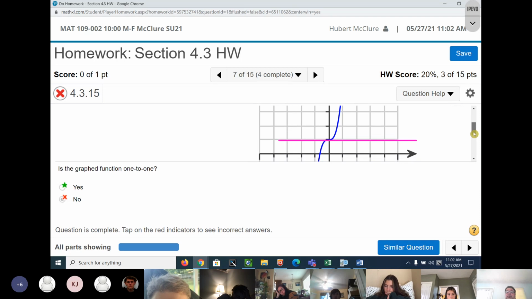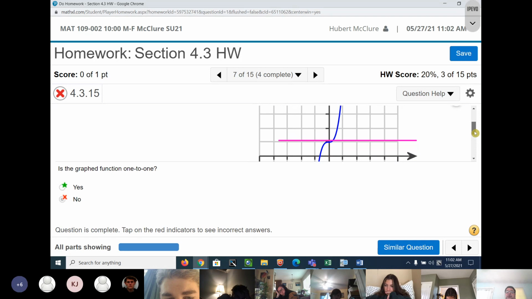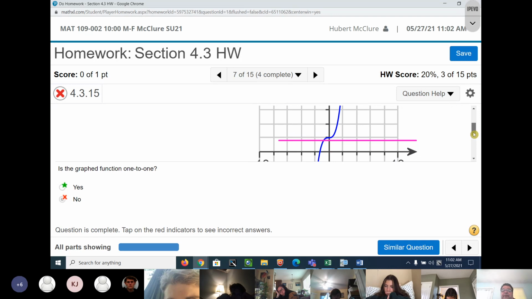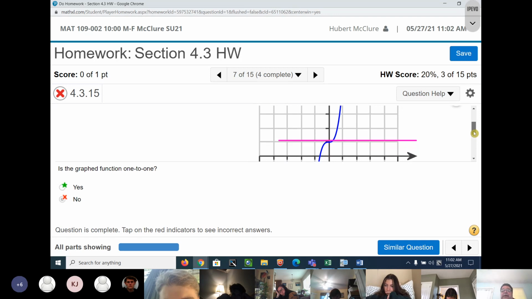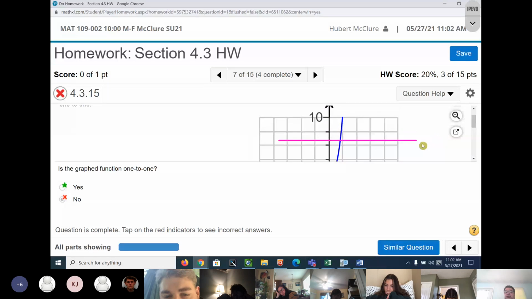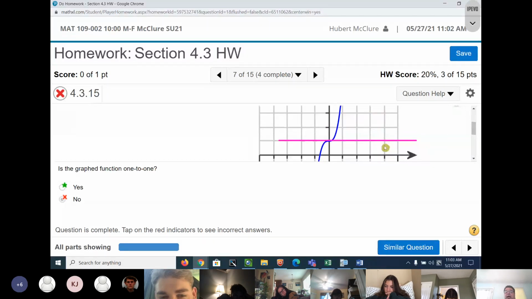I would not use a cubic function on a test because technically you could argue. Now, if there's an incline in that right there, then, but what's the problem? Can you see the incline with the naked eye? No. So what you need to do, and I should have done this, because that looked like that was level.